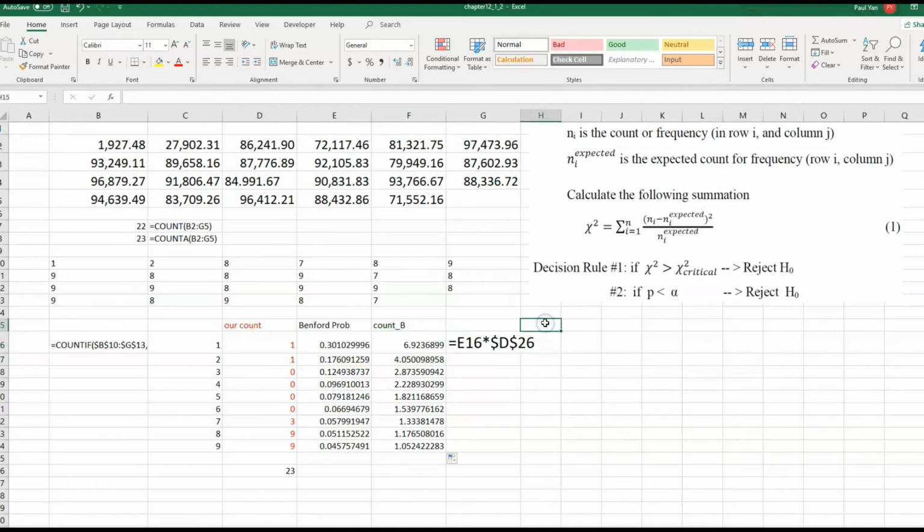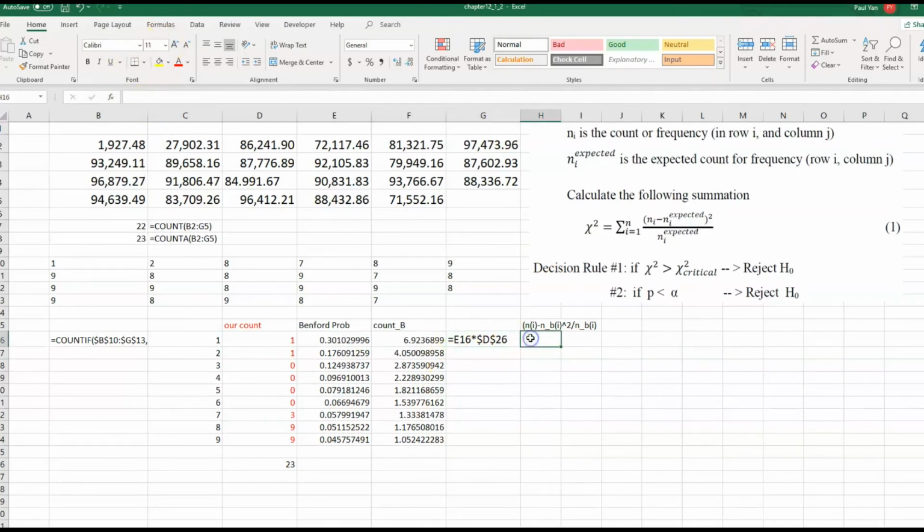I put the value here, so I use n I minus n Benford Law I, to the power of 2, divided by n Benford Law I. Okay, so this is equal to the first number minus the first number from Benford Law, squared, divided by the target. So this is our value.